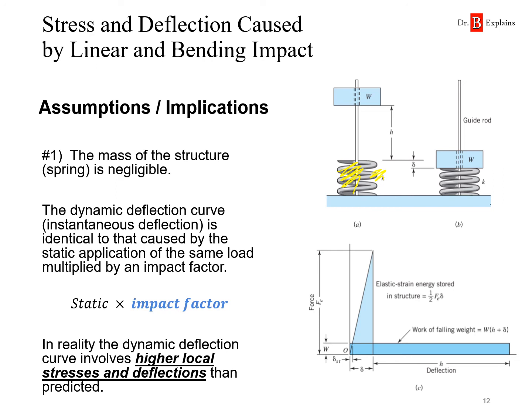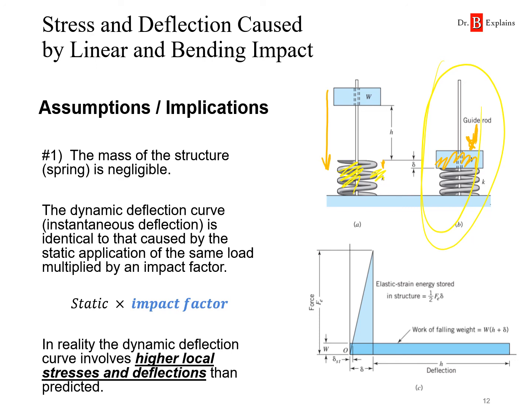And instead what we're going to do is answer the question, how much? So if instead of an impact, we have this case over here on the second part, we have this weight. How much do I need to magnify the force of that weight so that the spring would deflect the same amount as if the mass directly hit it?